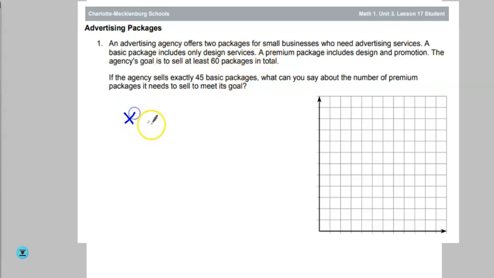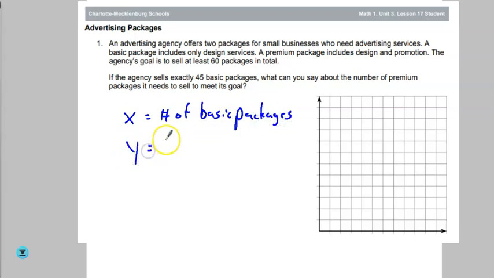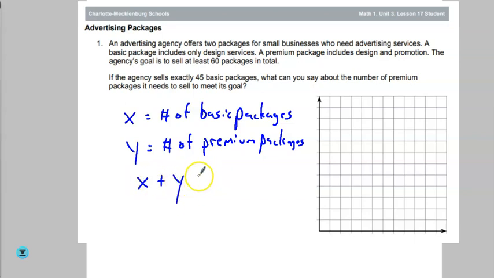So let's let X equal the number of basic packages, and Y is going to equal the number of premium packages. And their goal is to sell at least 60. Don't know how many of each, but we know when we add them up, at least means more than or equal to. So 60 would be the minimum.